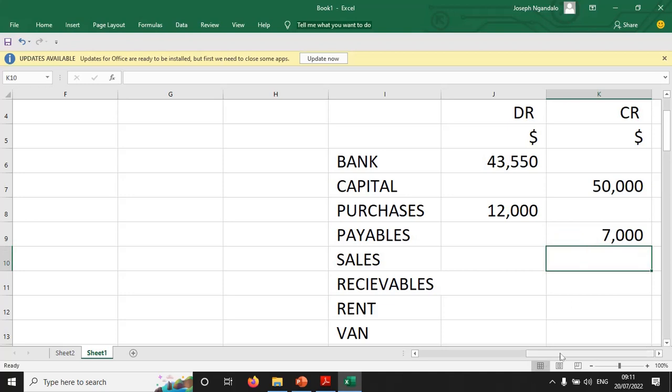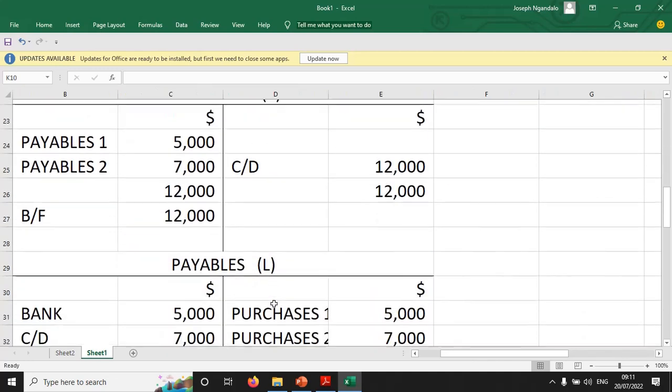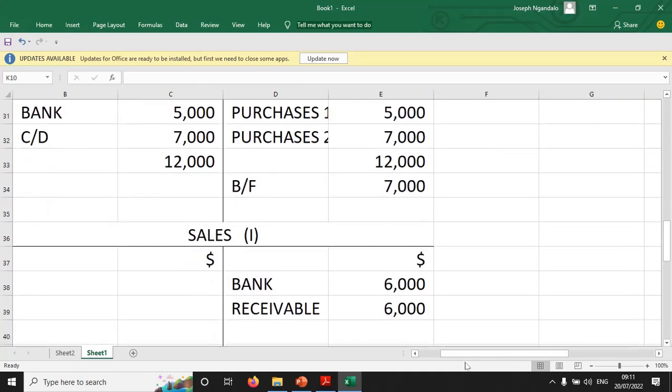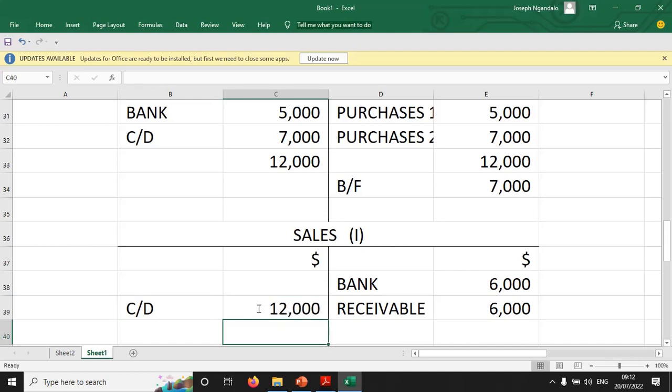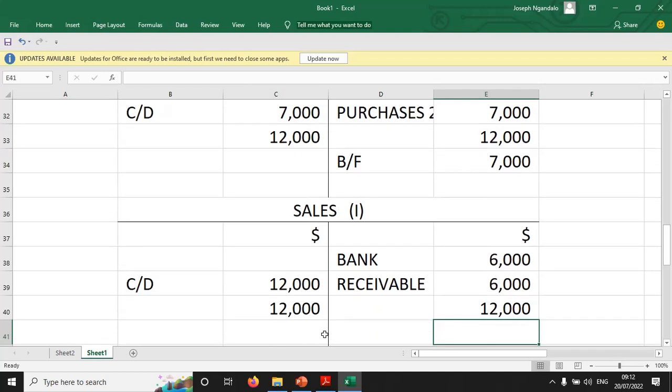We go to sales. What's the carry down on sales? Who can try? It's 12,000, that's correct. Again, check if your totals agree. And they do, isn't it? So where is your BF? On the credit, right?